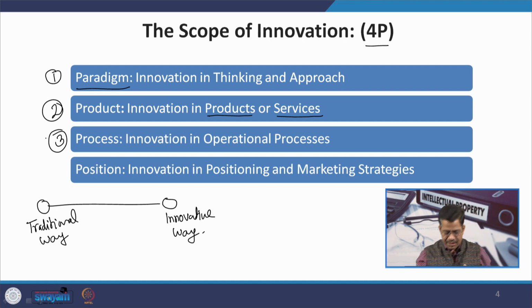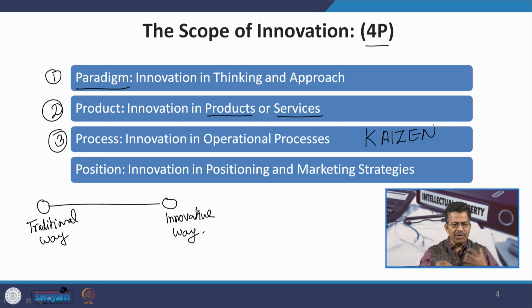Innovation in processes. We just discussed how reducing carbon dioxide, reducing the emissions, hazardous elements from the process, all these are part of your process innovation. Process innovation is very close to this Japanese term which is known as Kaizen. That means continuous improvement.